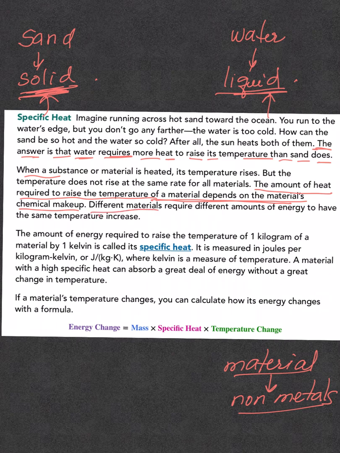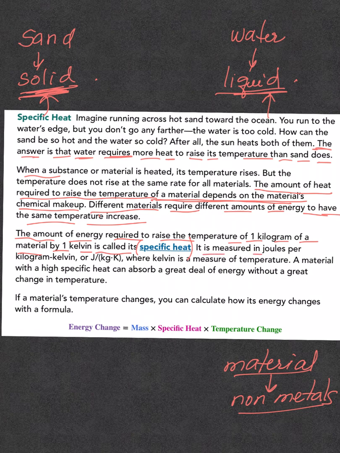Different materials require different amounts of energy to have the same temperature increase. The amount of energy, this is the most important part. So the amount of energy required to raise the temperature of 1 kilogram of a material by 1 Kelvin. See how you have to convert your temperature into Kelvin here? It is called a specific heat.